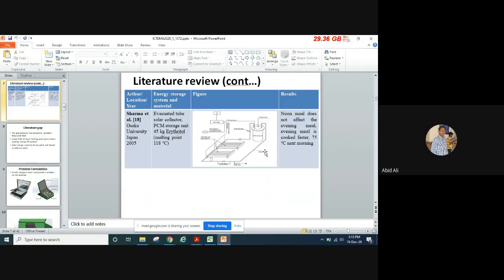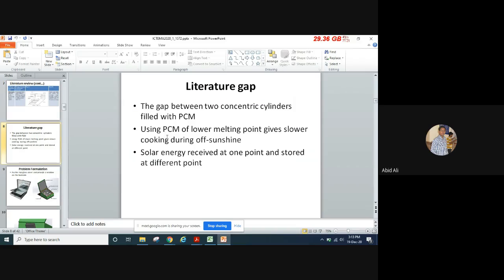They store energy in a concentric cylinder with 45 kg of erythritol, and reported that the evening meal cooks at a faster rate, and the temperature inside the concentric cylinder remains 25 degrees up to the next morning.